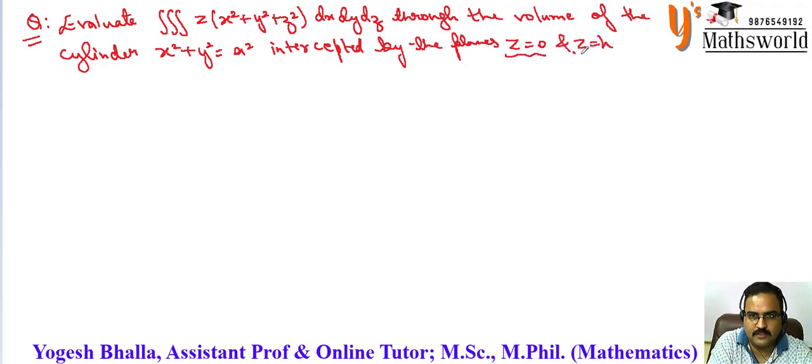Now z is equal to 0 and z is equal to h means the height of the cylinder. Okay, so we start this one.